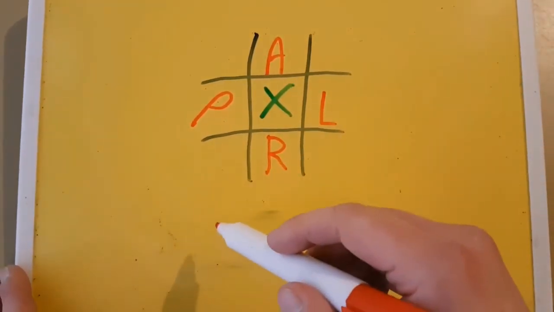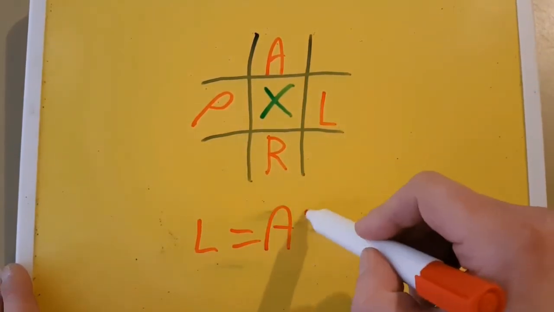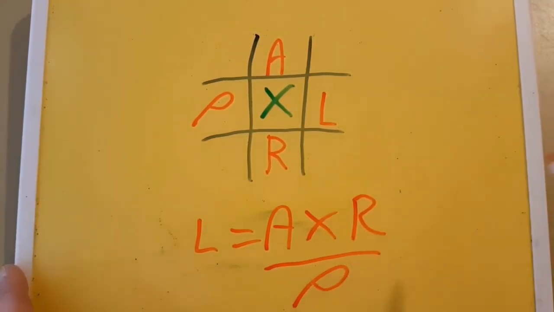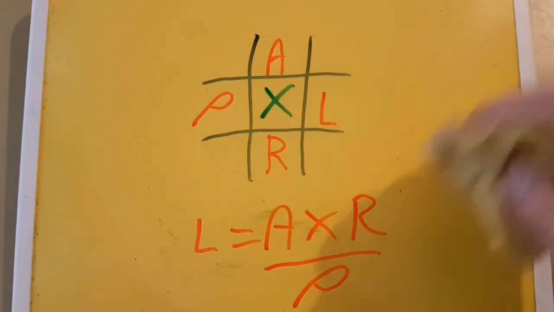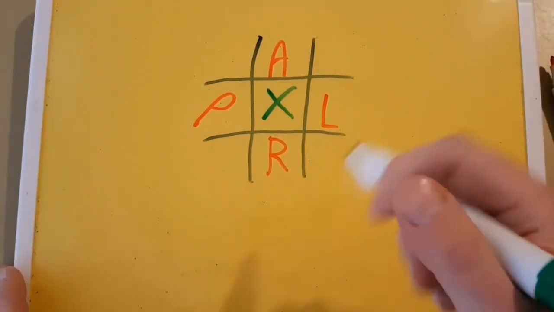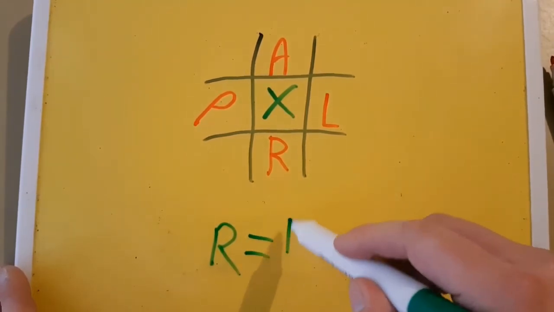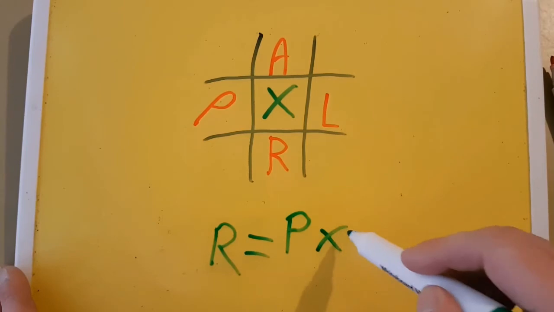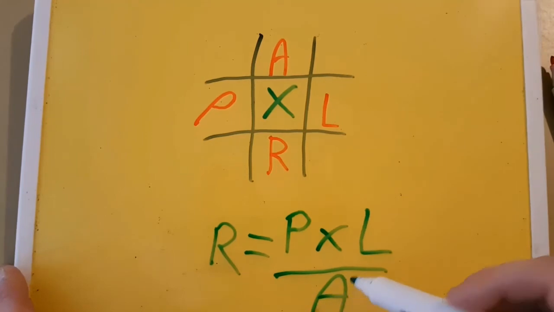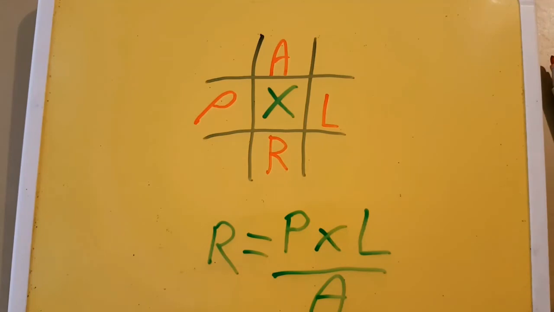To work out the length, it would be L equals A times R divided by rho, or P. To work out the resistance, it would be R equals P, or resistivity, times L divided by A. So that's resistivity times length divided by area, and that gives you your resistance.